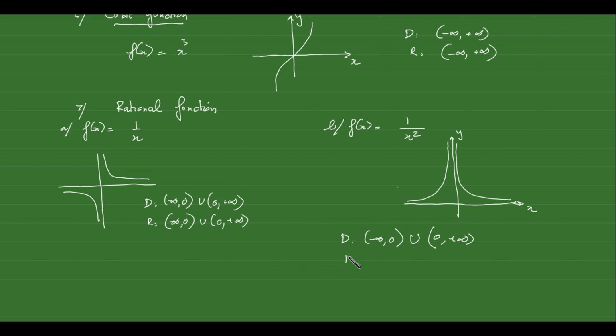The range is a little bit different. You see that we don't have anything down here. So the range goes from 0 to positive infinity, not including 0. You see the curve over here gets close to the x-axis, but it never cuts the x-axis, so 0 cannot be included in the range.